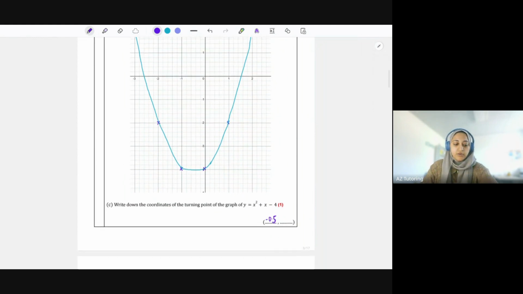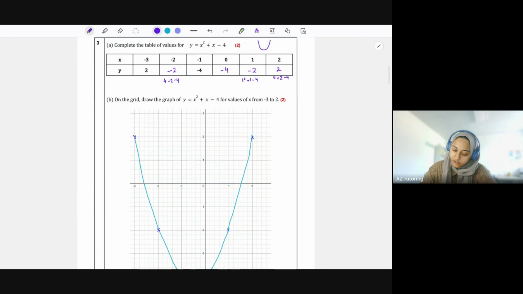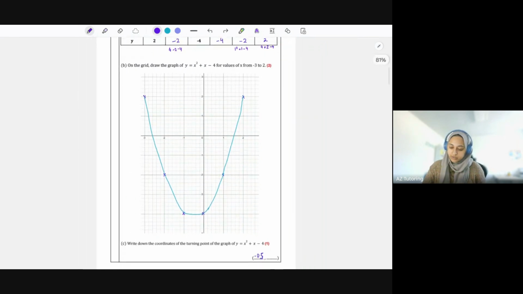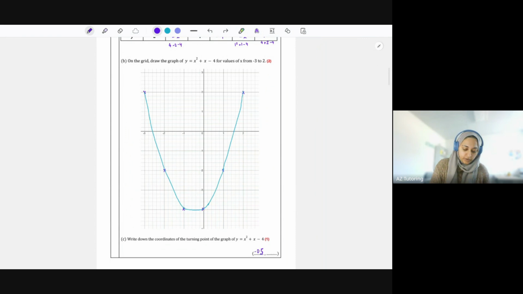But to be quite accurate with it, you could substitute minus 0.5 into the equation for x, and then you'll find out what y is. So I will just do that now. I'm going to use a calculator just to save time. So minus 0.5 squared plus minus 0.5, which is minus 0.5, minus 4. That gives me minus 4.25.